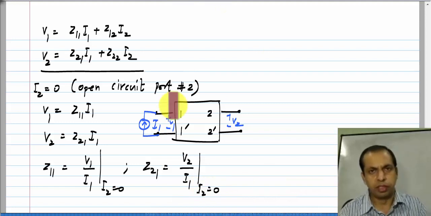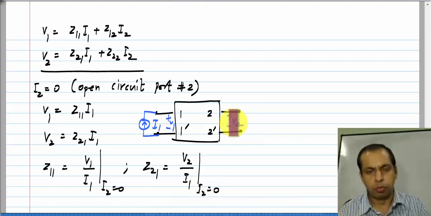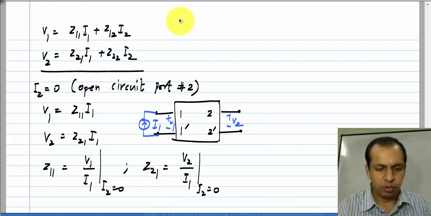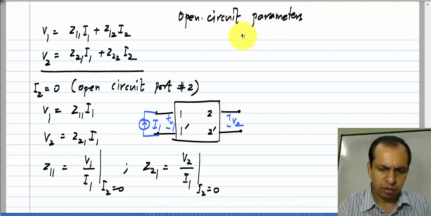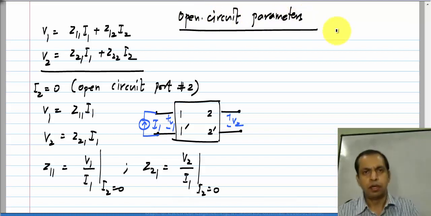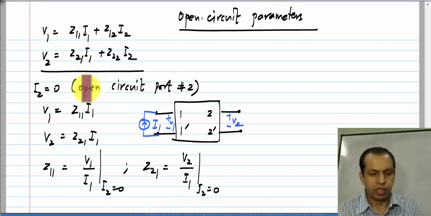Now, because you make these measurements with the second port open circuited, the Z parameters are also known as open circuit parameters. So, you set I 2 equal to 0. So, only one of the independent sources comes into play, that is all that is there to it.